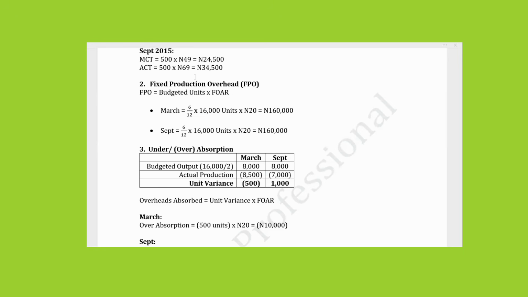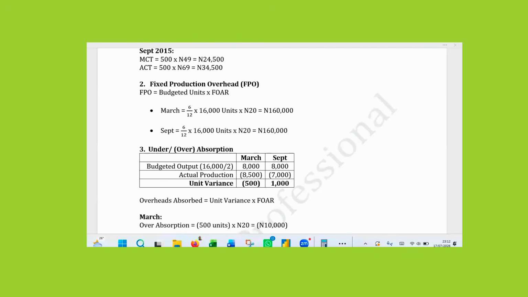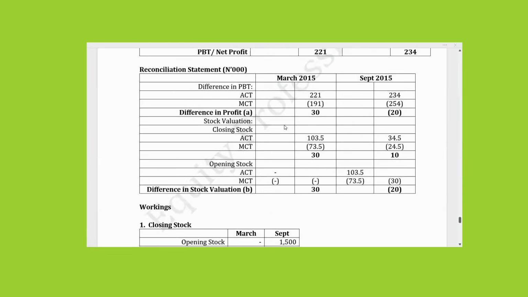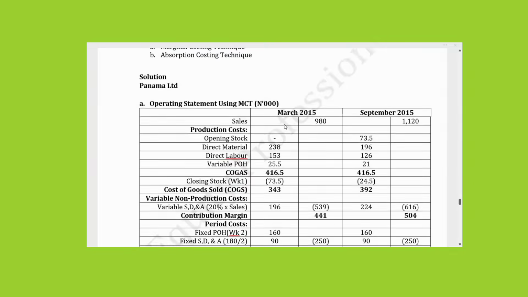Then number 2, I also gave you an assignment, right? I gave you an assignment to do. So go ahead and solve illustration number 1 in this working note, which I'll be sharing later on.